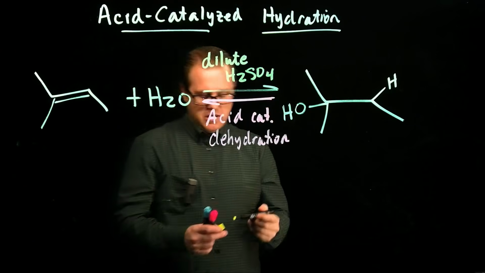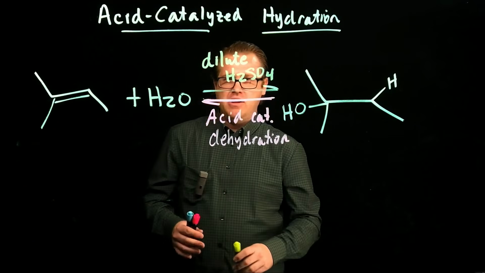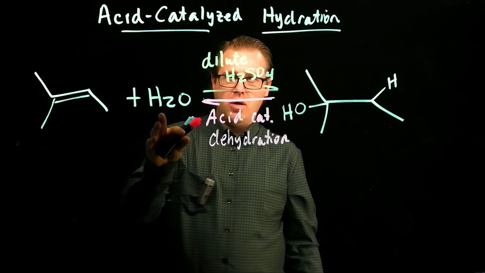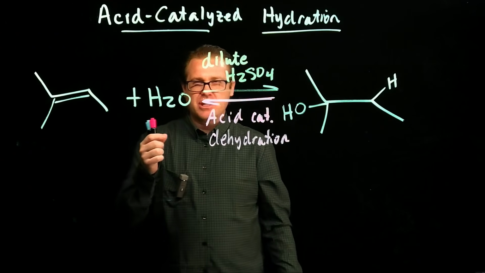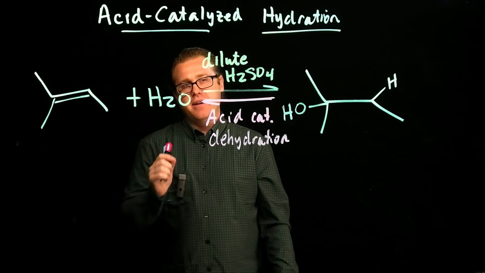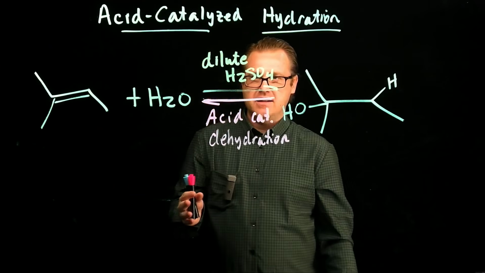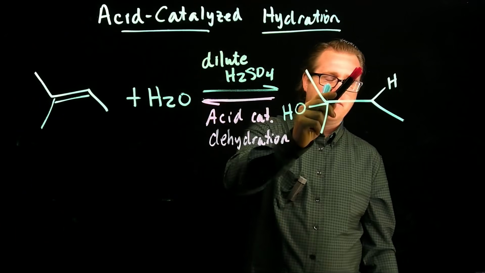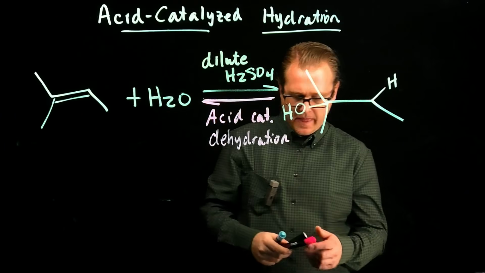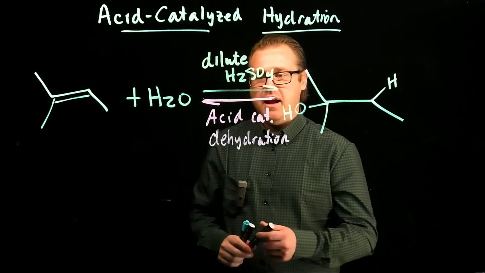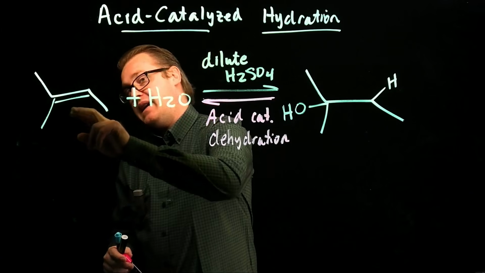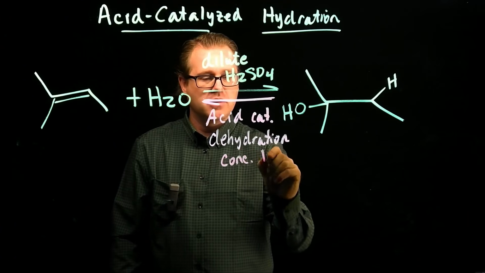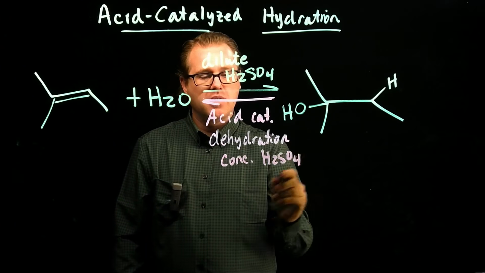So if you take an alkene and place it into water, and you add just a very little amount of sulfuric acid, so it's very dilute, then it's going to favor the alcohol. In contrast, if you want to favor the alkene, you are going to have concentrated sulfuric acid.